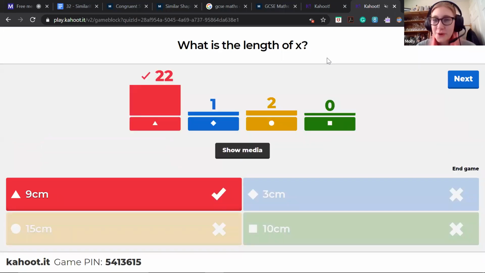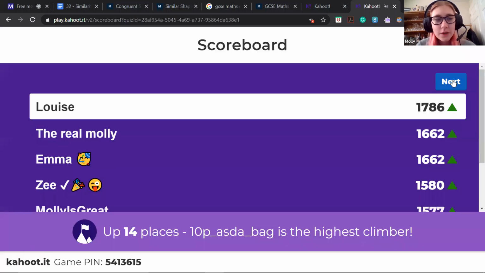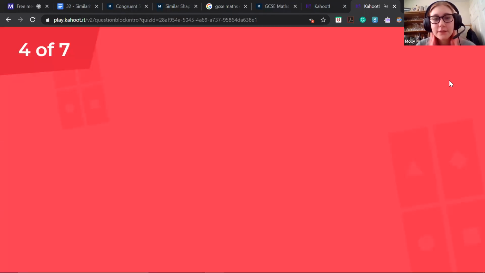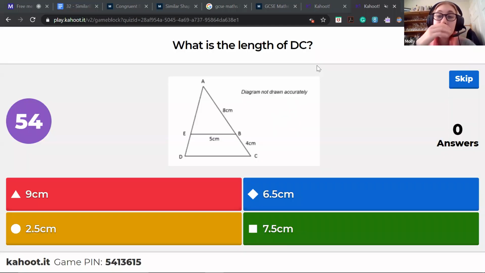Well done. Lots of people got that. You can also think about this in terms of enlargement as well. It's a similar concept. So here, a similar one. What's the length of DC? Bit trickier.